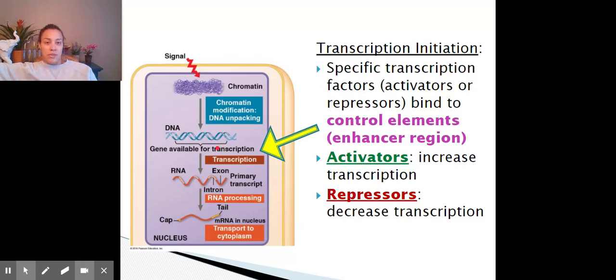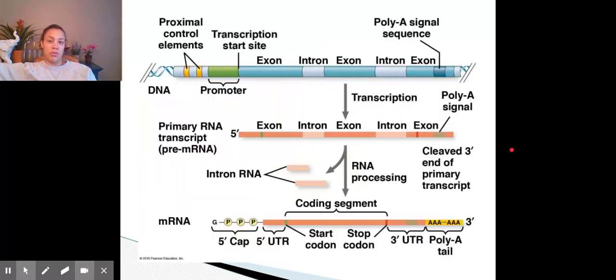Those are specific transcription factors that bind to our genetic information and cause positive or negative control of transcription. So again, we have these regions like we talked about with our operon, and over here is where those specific elements can bind and either increase or decrease the process of transcription.